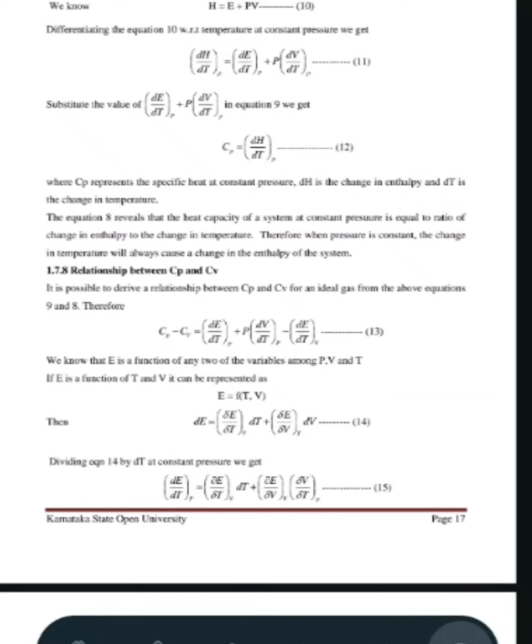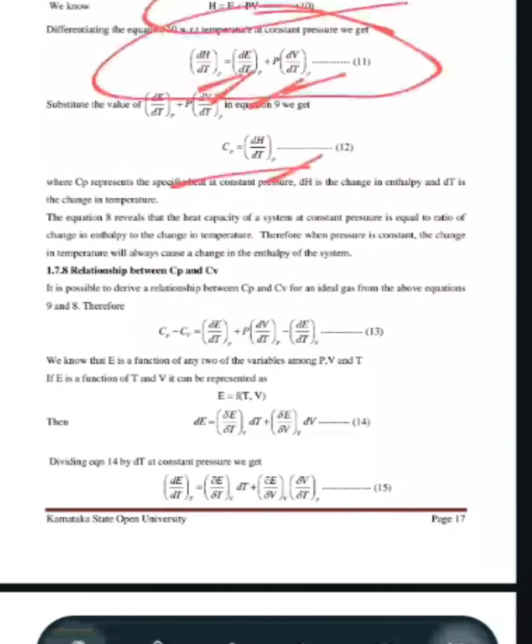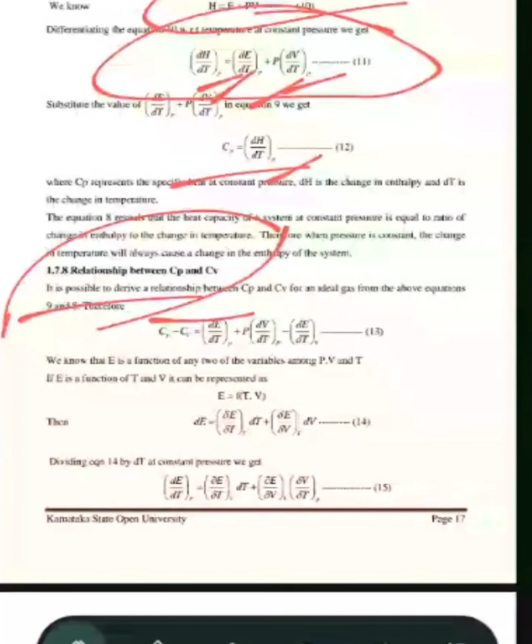So next is the relationship between constant pressure and constant volume. Here we are going to derive equations by varying different terms, all with respect to thermodynamics. Whatever basic things I have told till now are the basic things.